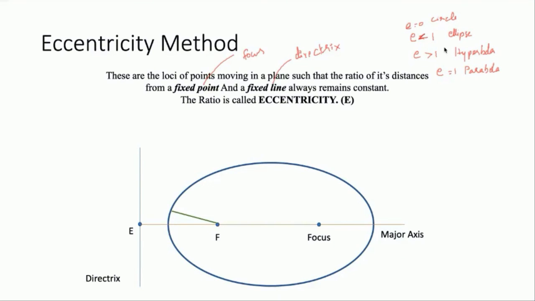And as per the definition, your distances x1 and y1, this ratio will be the same as x2 y2. Again, this point is actually the vertex of an ellipse. The vertex is the point where your ellipse meets your major axis. So that is your vertex. The vertex is the extreme point of a major axis and an ellipse.